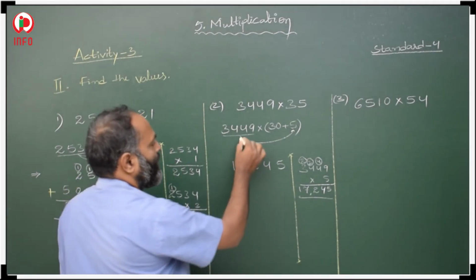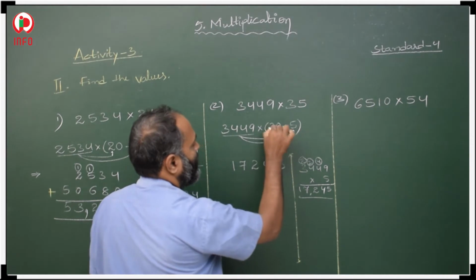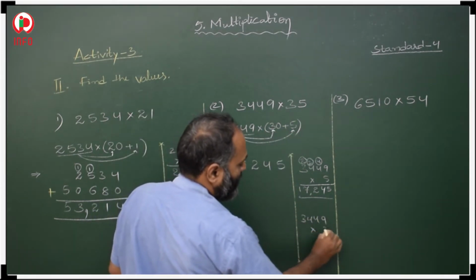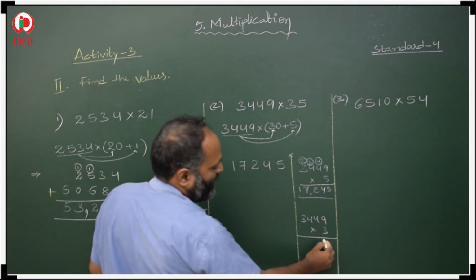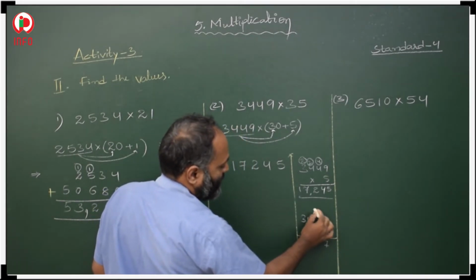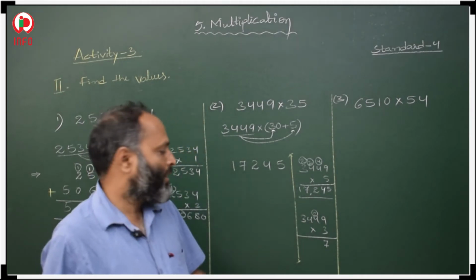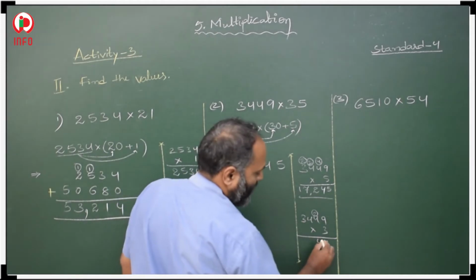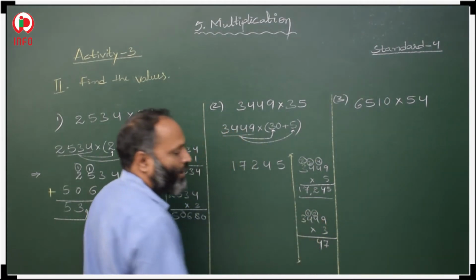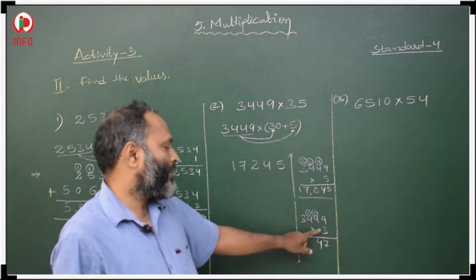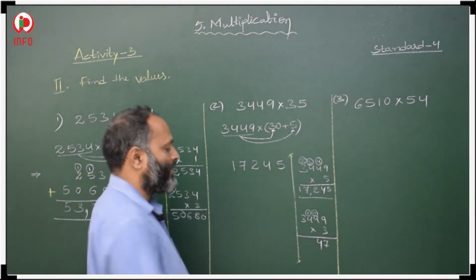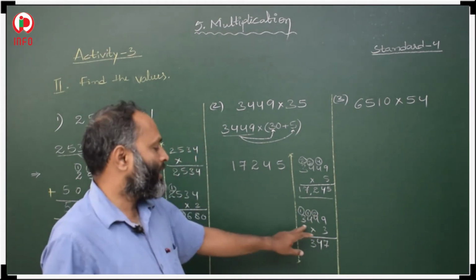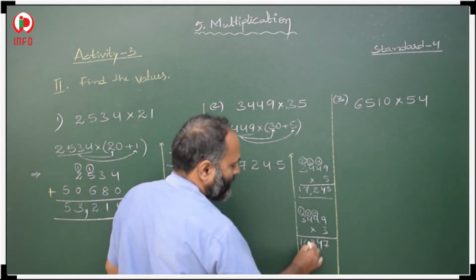Now 3,449 with 3. 3 nines are 27, 7 and 2 carry over on tens, 3 4s are 12, 12 plus 2 is 14, 4 in tens place, 1 carry over on hundreds place, 3 4s are 12, 12 plus 1 is 13, 3 in hundreds, 1 carry over on thousands, 3 3s are 9 plus 1 is 10.